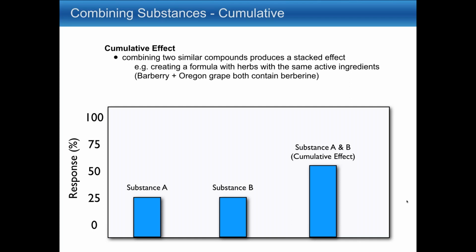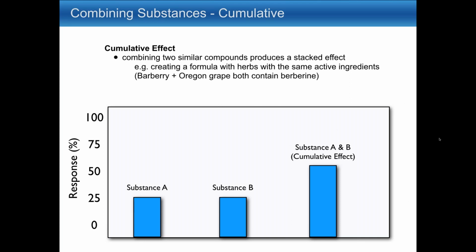The benefits from the flavonoids, the vitamin C and the pectin are very similar between them. So you're going to have a combined effect rather than a new effect. It's just the same thing doubled, like eating twice as much. So that would be a cumulative effect.